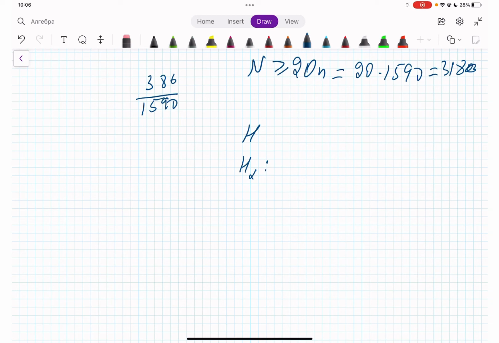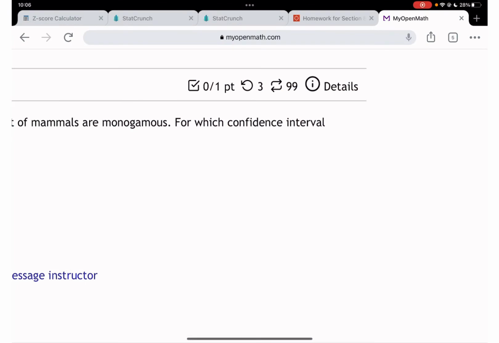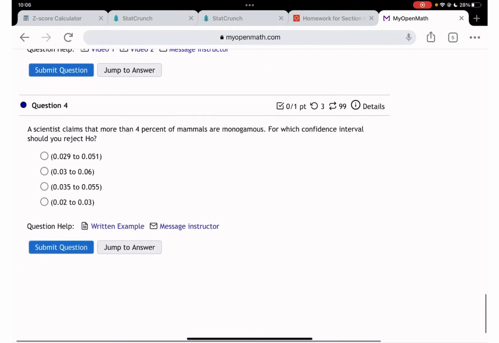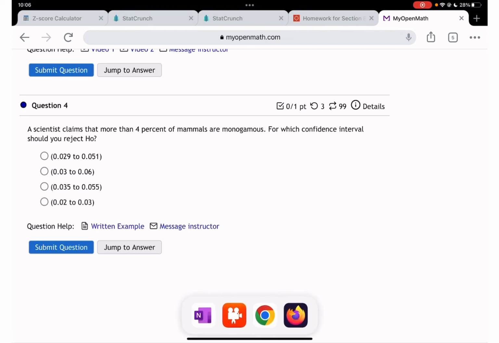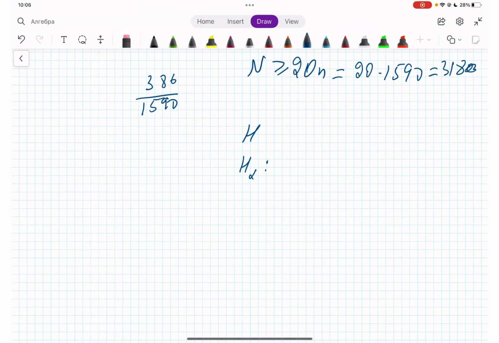So it's going to be proportion or average mu. No, it's percentage, so it's going to be proportion, okay? So the proportion is more than 4%, which means for the null we usually put equal.